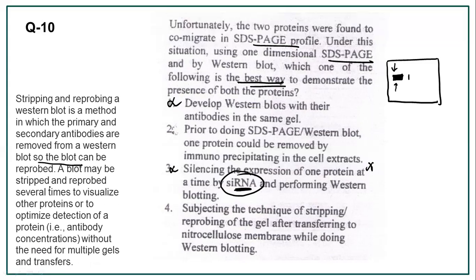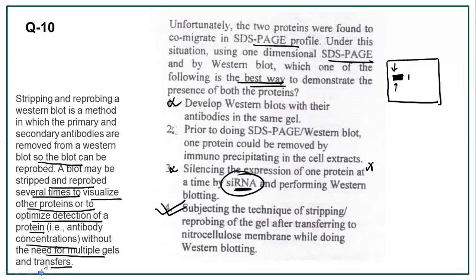A blot may be stripped and reprobed several times to visualize other proteins or to optimize detection of the protein, that is, antibody concentration, without the need for multiple gels and transfers. So the answer is option 4, subjecting to the technique of stripping and reprobing of the gel after transferring to nitrocellulose membrane while doing Western blot.